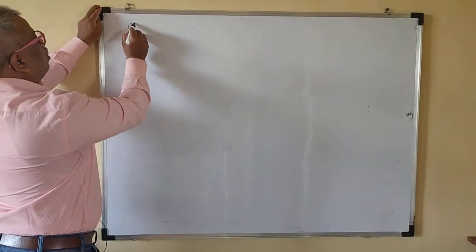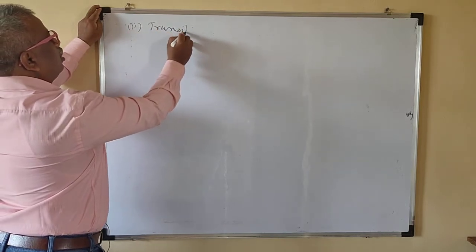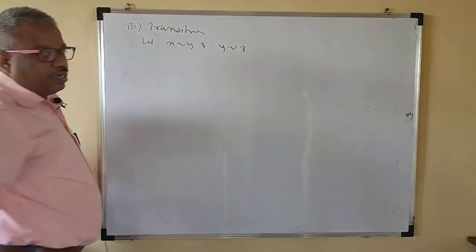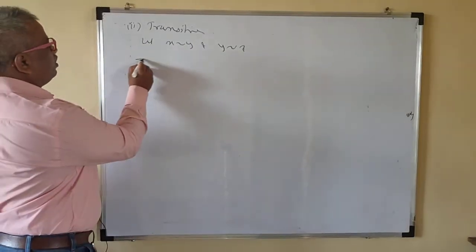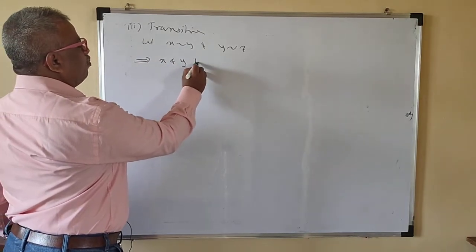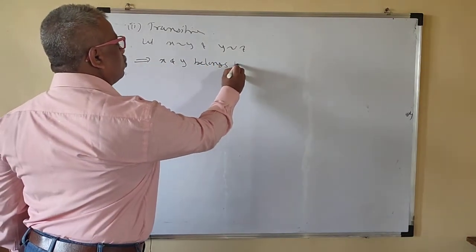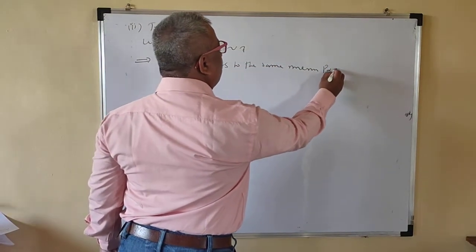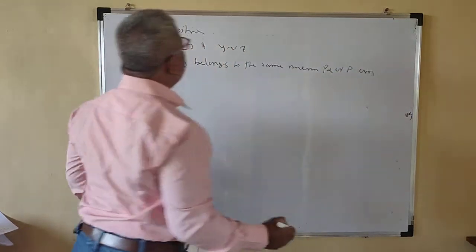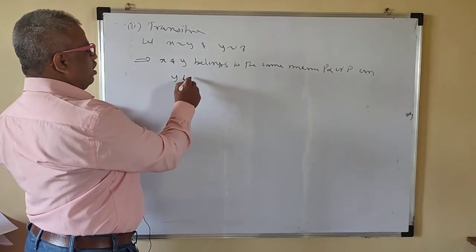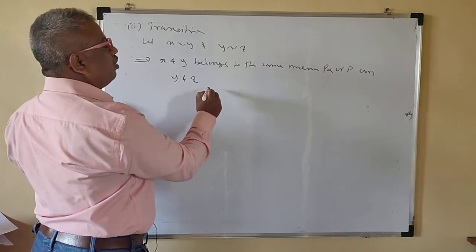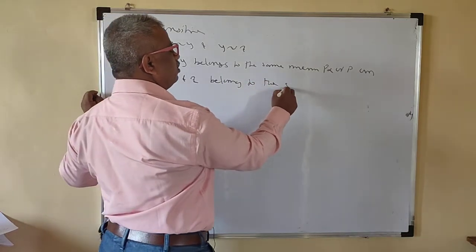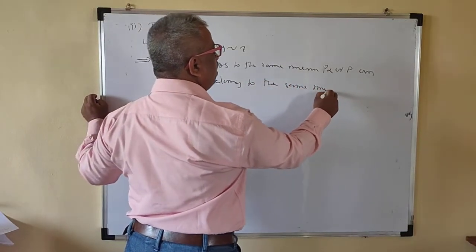Okay, so third, transitive. So let X is related to Y and Y related to Z. Okay, what does this imply? X and Y belong to the same member P_alpha of P, and Y related to Z means what? Y and Z belong to the same member.